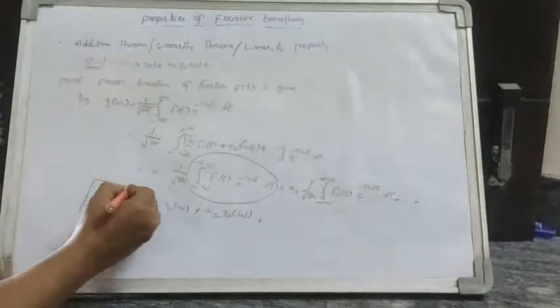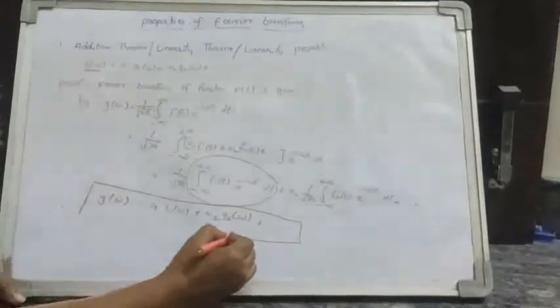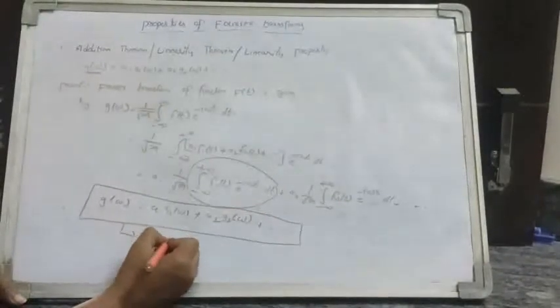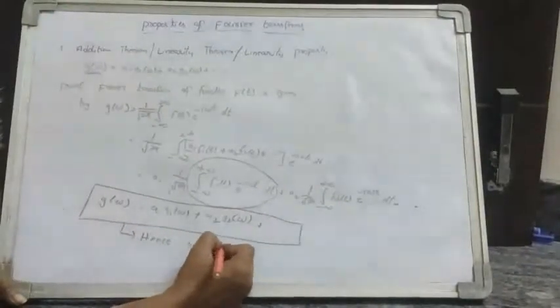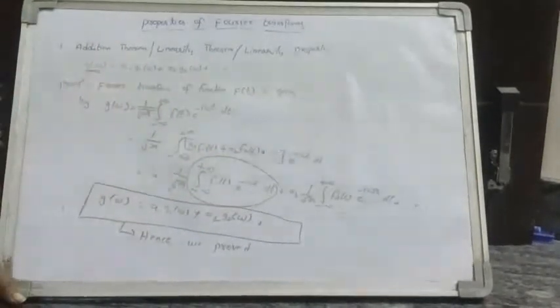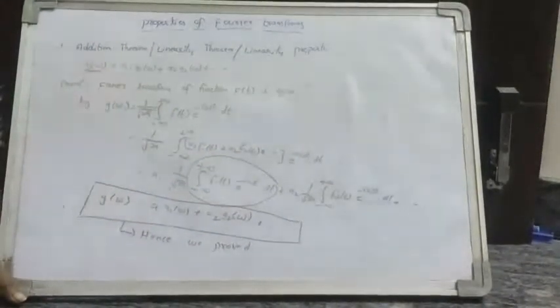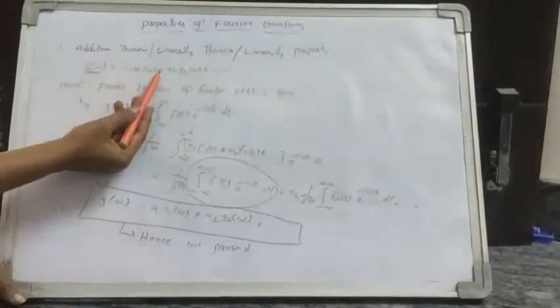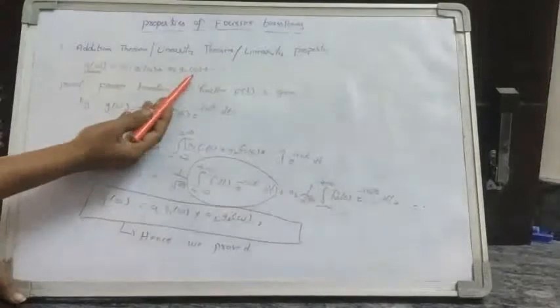What is the linearity property or addition property of Fourier transform? We have to prove g of omega is equal to a1 g1 of omega plus a2 g2 of omega.